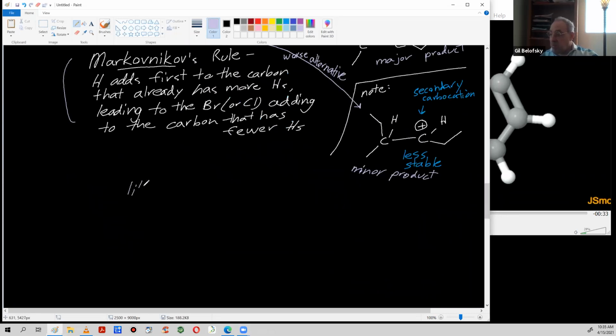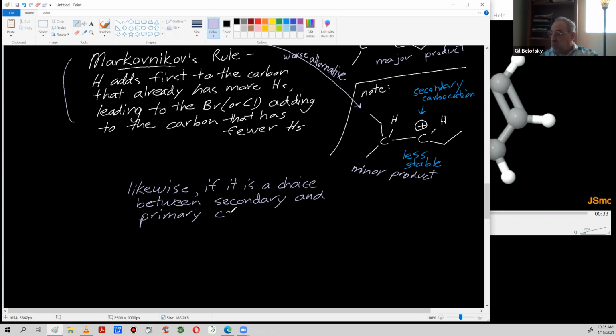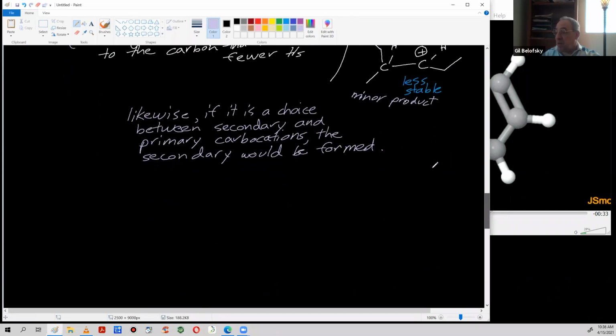So likewise, if it is a choice between secondary and primary carbocations, the secondary would be formed. Most of the time, you can't even get a primary carbocation. It's so unstable.